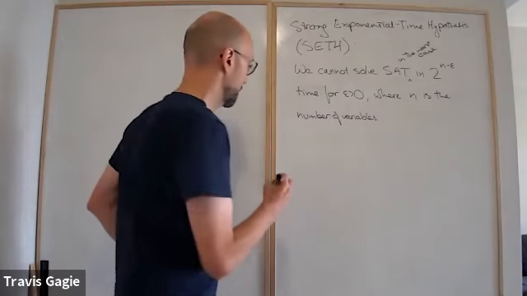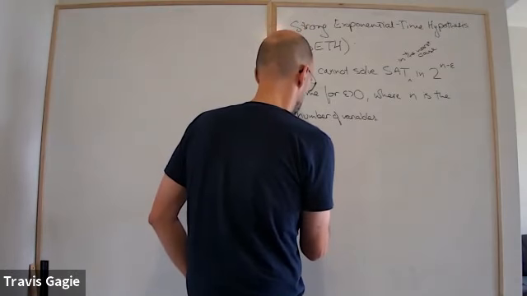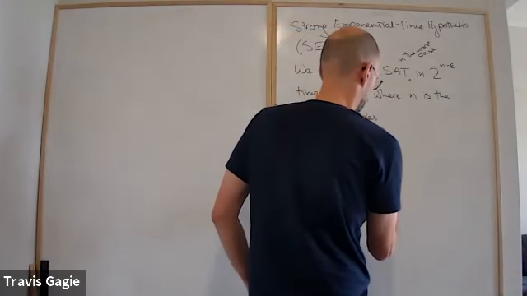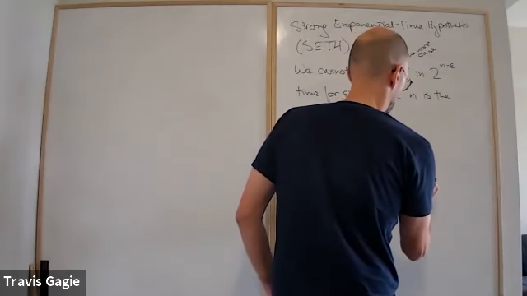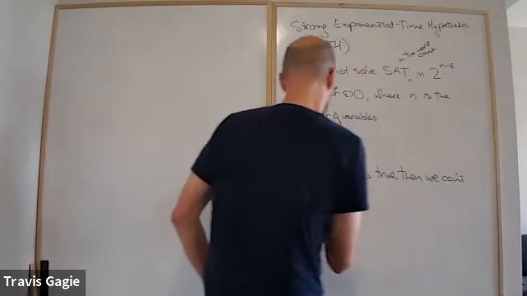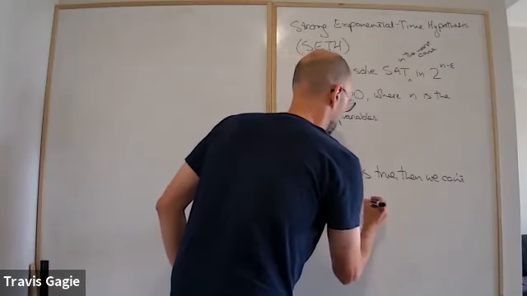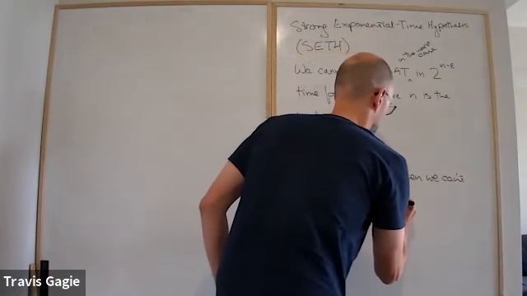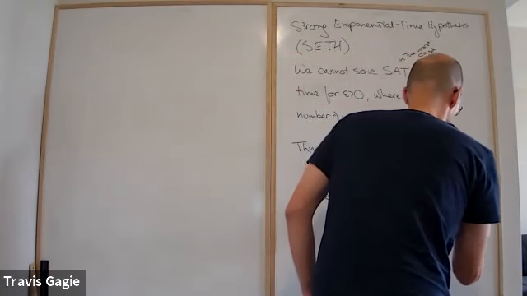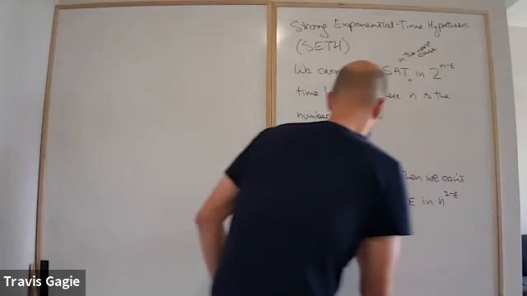But they showed that, so theorem, if SETH is true, then we can't solve edit distance in n to the 2 minus epsilon time.